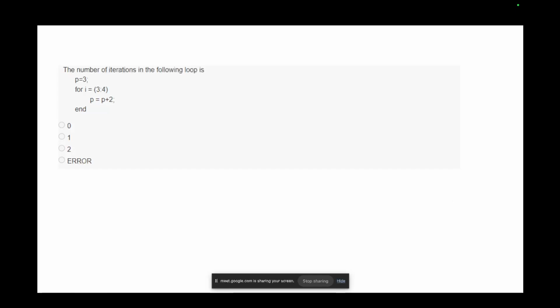These are simple computational MCQs, if you can call them that, just to revise the concepts of loops and things like that. Very basic stuff.